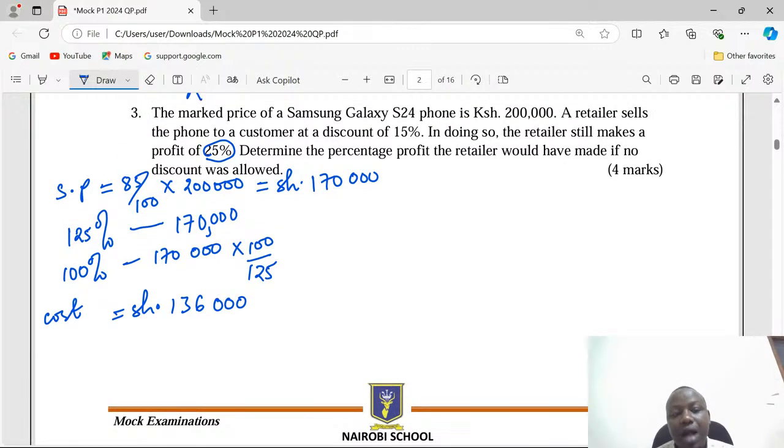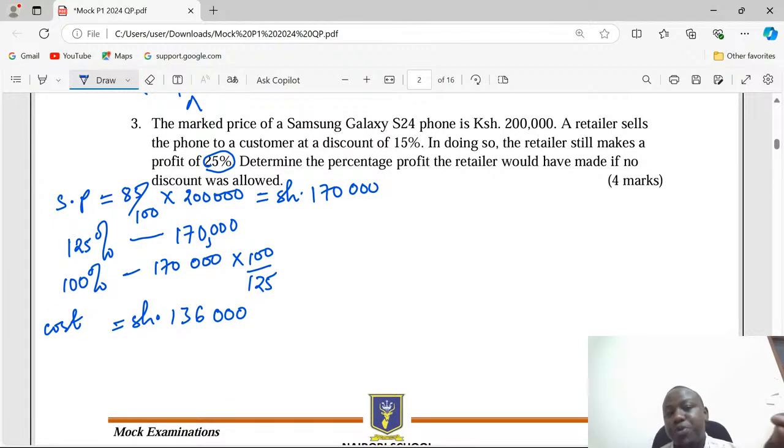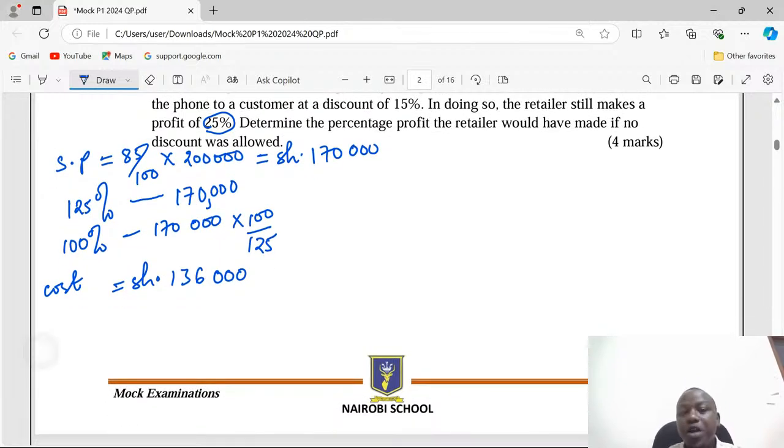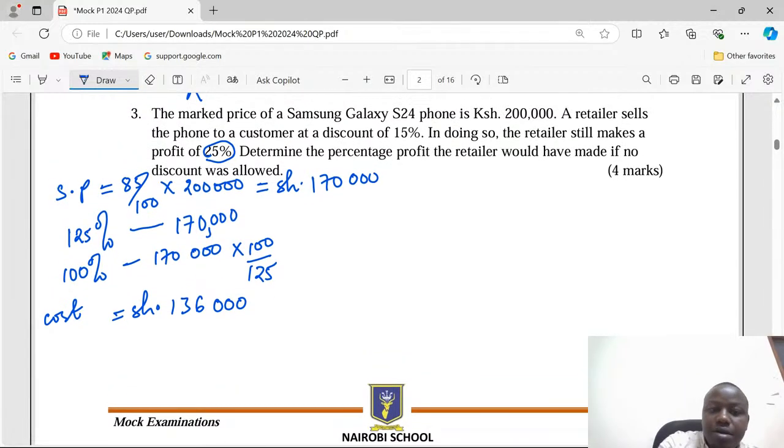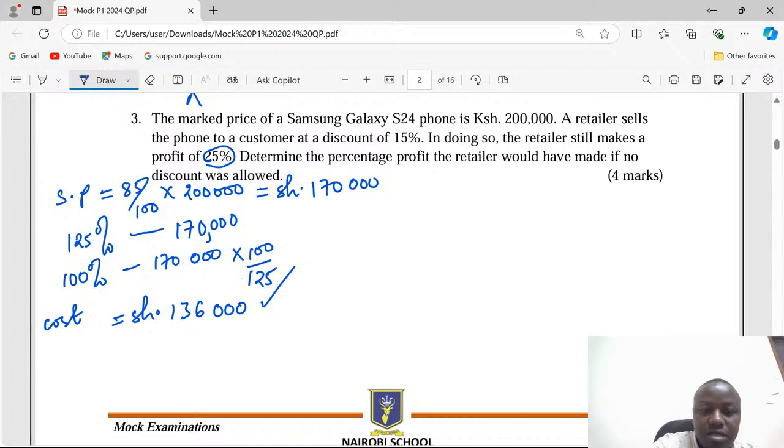Now, according to the cost price that we have, and according to the marked price that the retailer had tagged on the mobile phone, there was an initial expected profit. That is why we are determining the percentage profit the retailer would have made if no discount was allowed. He bought it at this price and he was to sell at 200,000.